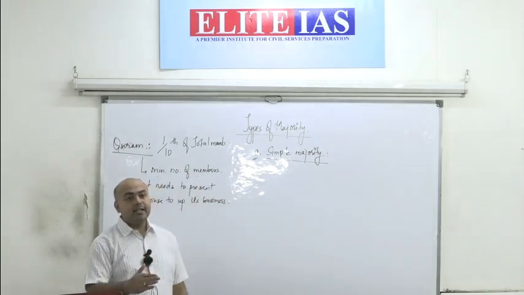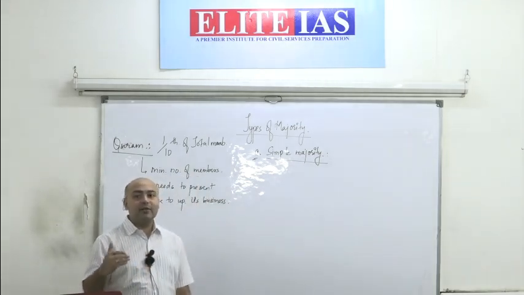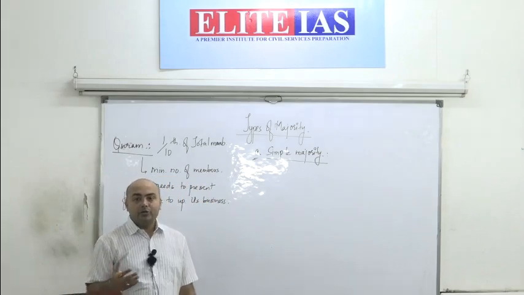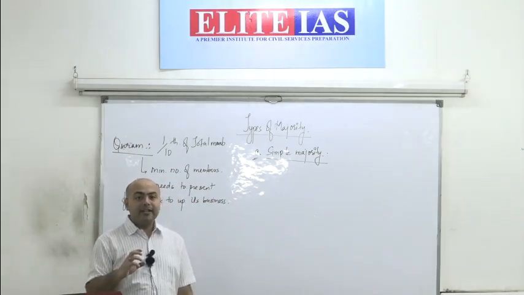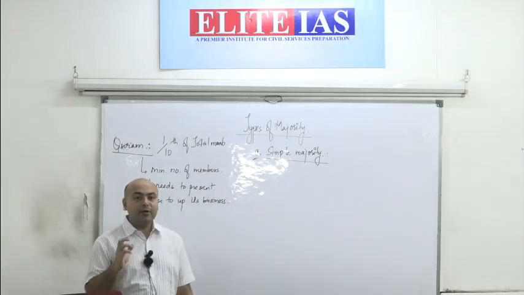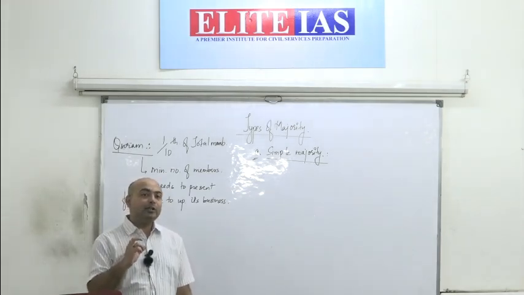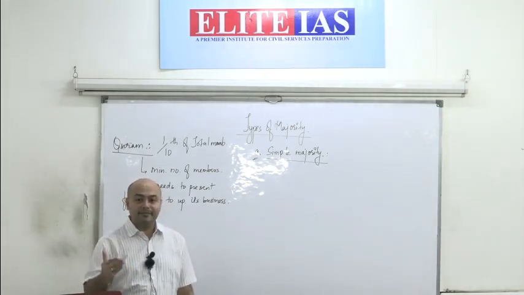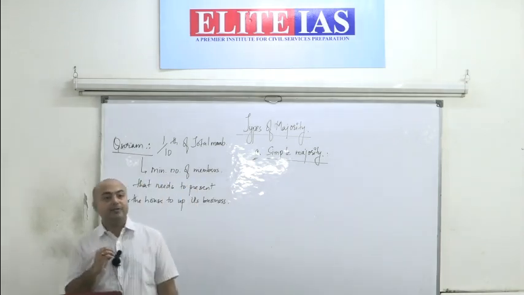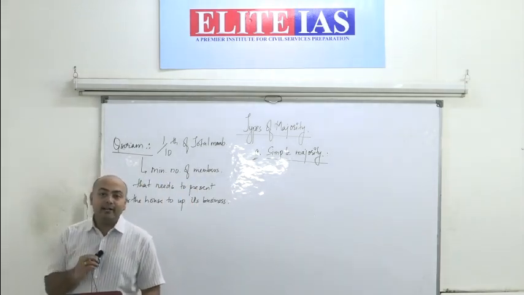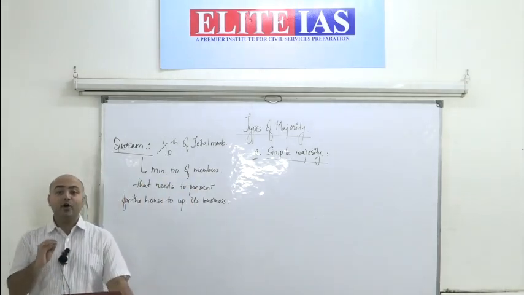So as we said, 545 members. Whenever we talk about Lok Sabha, during elections we tend to look at this particular figure, 273. We look at whether any political party gets 273 or not.